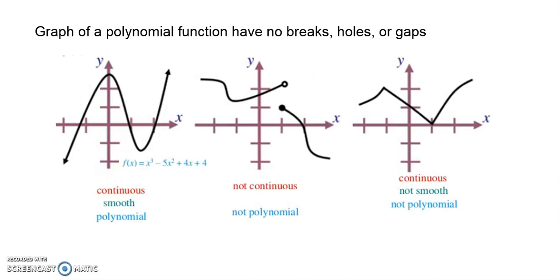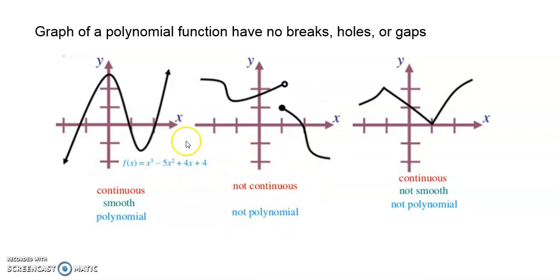Now we'll be discussing the graph of a polynomial function. Polynomial functions of degree 2 or more have graphs that do not have sharp corners. The graph of a polynomial function has no breaks, holes, or gaps. These types of graphs are smooth curves. Polynomial functions also display graphs that have no breaks, and curves with no breaks are called continuous curves.